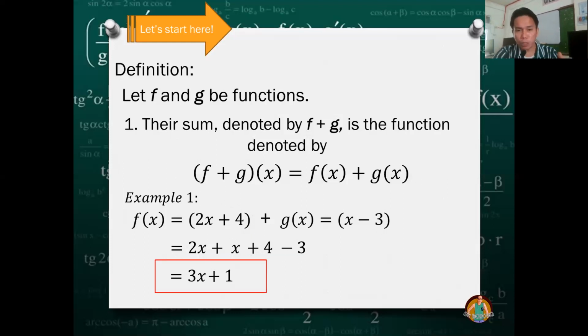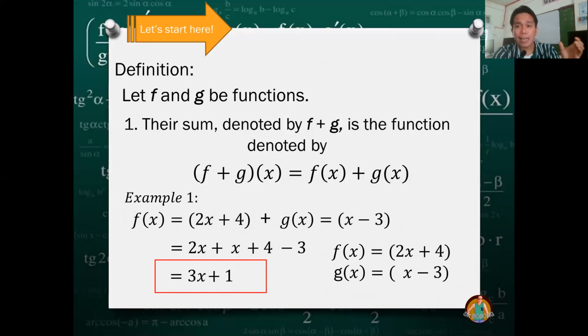Okay? So yung example natin is nag-add tayo using horizontal method. But actually, we can do the vertical method. Sige, papaano? Ganito. F of x is equal to 2x plus 4 and g of x is equal to x minus 3. Ano naman yung vertical method? Sa vertical method, kung kanina sa horizontal, we combine like terms. Dito sa vertical, what we are going to do is align like terms.